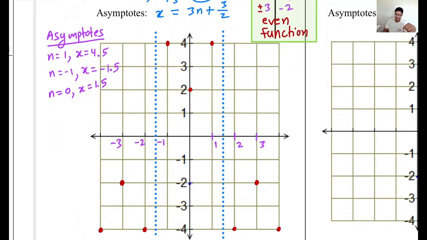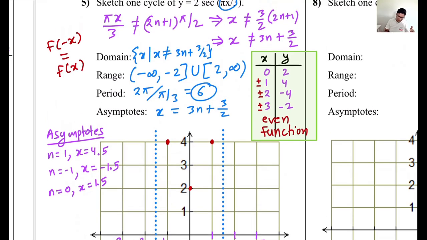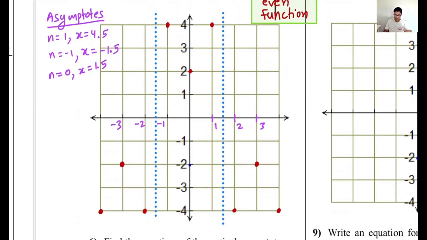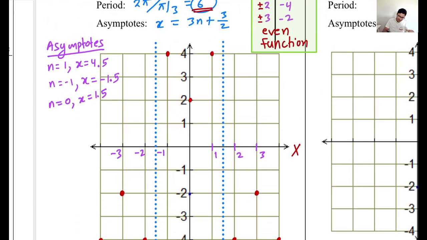So you have these two asymptotes in this period from -3 to 3, by the way. The length of the period was 6, right? So I had to choose a cycle, and the x-axis and y-axis in the graph were already marked. So I thought, why not go from -3 to 3? That will be one period of this function.